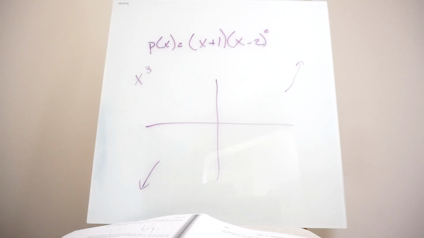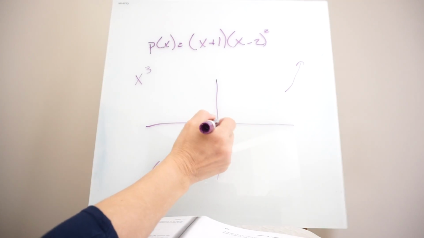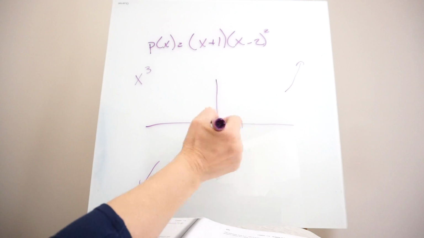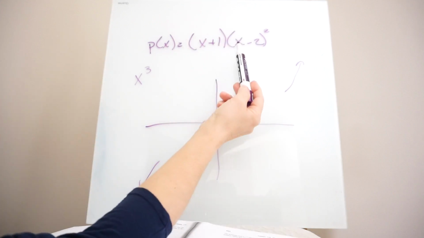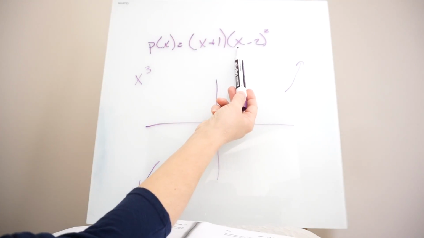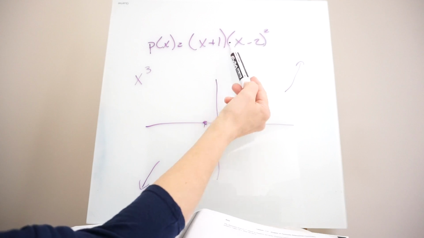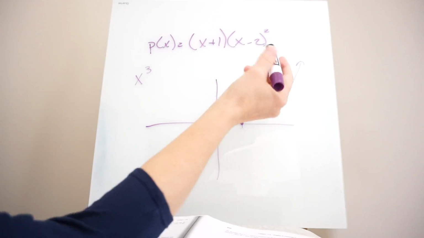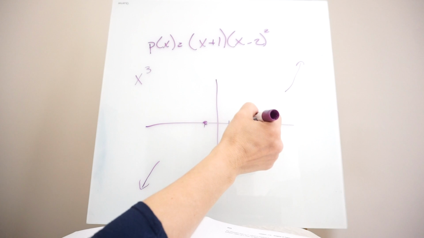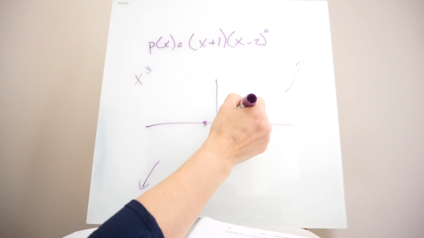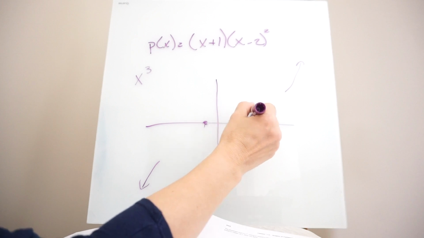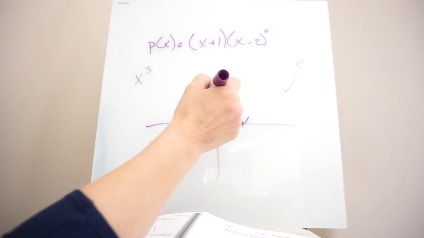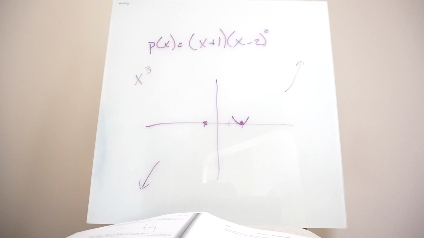We know that we have zeros at -1 and at 2, but this is what we're going to learn here: if you put any value in here for x and then you square it, this value will always be positive. So it never goes negative at that point. What happens when you have a factor that's squared is it's just going to bump the x-axis. It's not going to cross it. Okay, so we have that information.